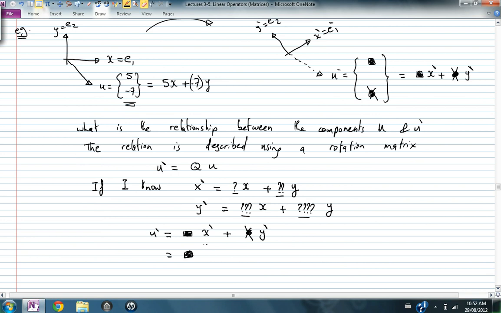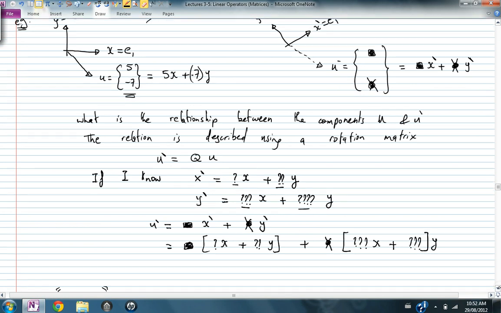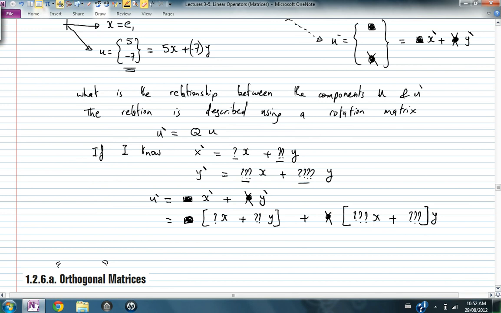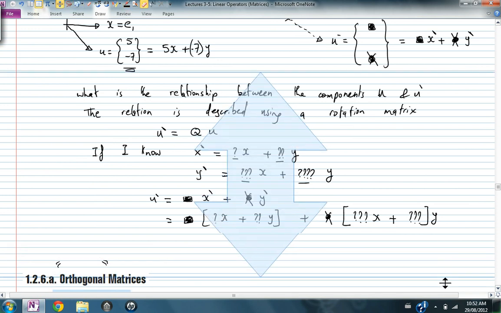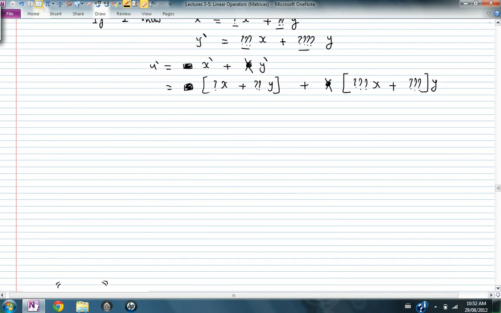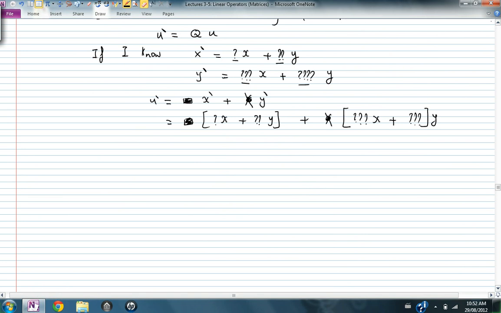Instead of x prime, I'm going to put how many x's plus however many y's, plus how many x's plus however many y's, and we know that this is equal to 5x plus negative 7y, which is equal to (5, -7).